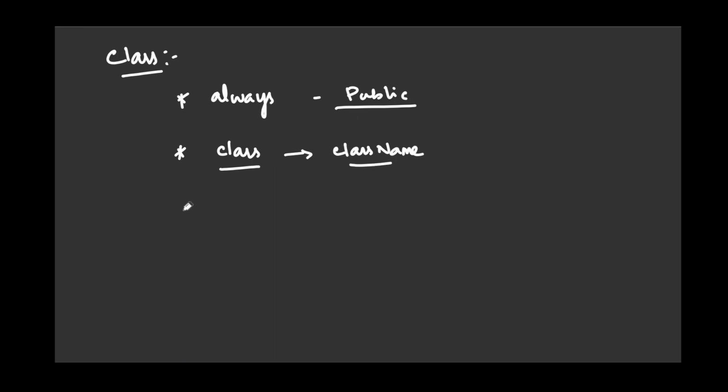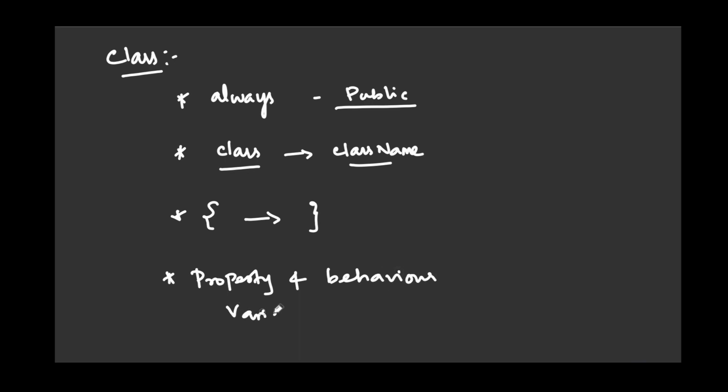Then the class should start with an open curly brace and end with a close curly brace. Inside this class we are going to have the properties of that class and the behavior of those properties. In layman's terms, we can say variables and methods.